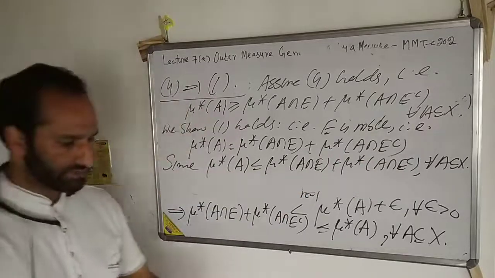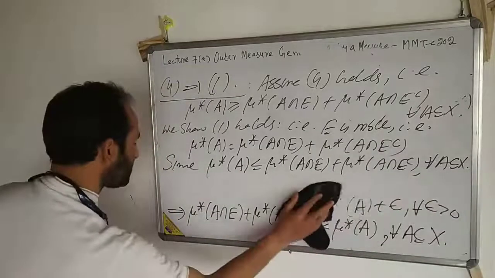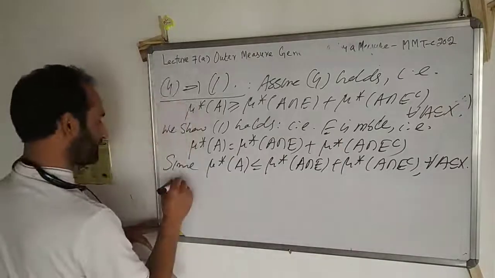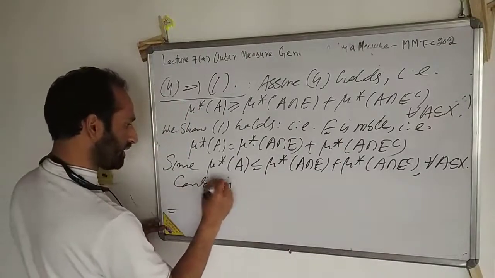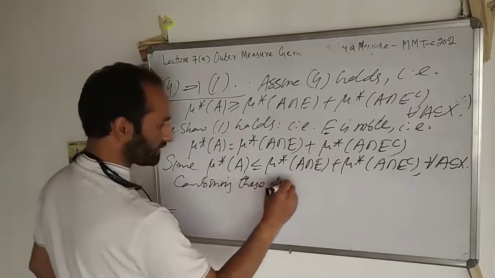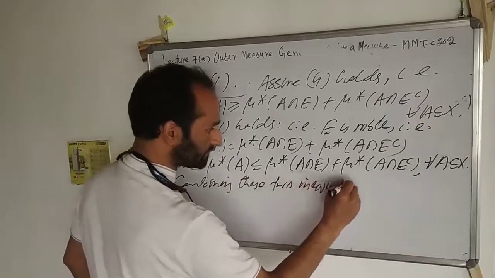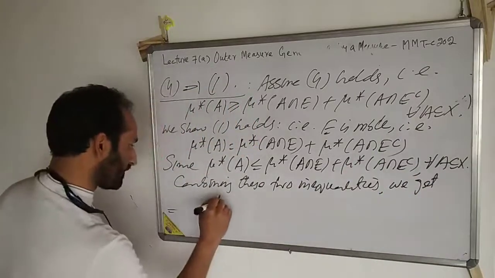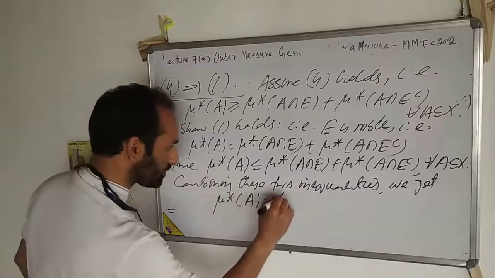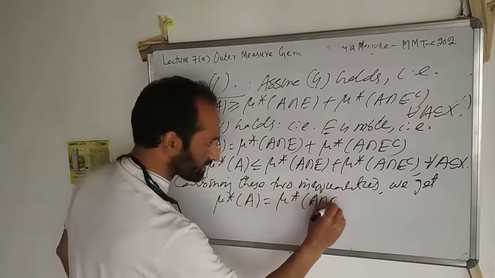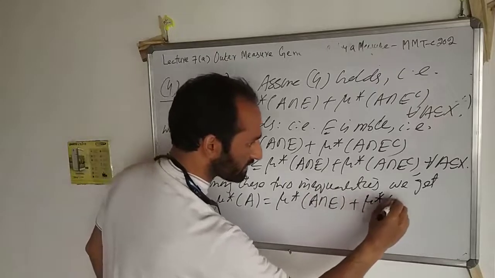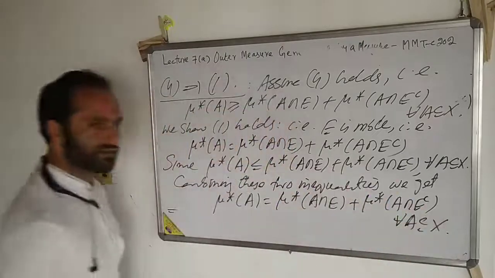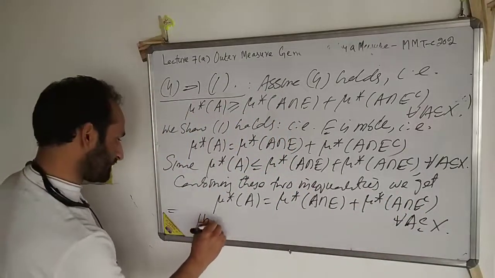So combining these two inequalities, we get μ*(A) is equal to μ*(A ∩ E) + μ*(A ∩ E^c) for every subset A of X. So hence E is measurable.